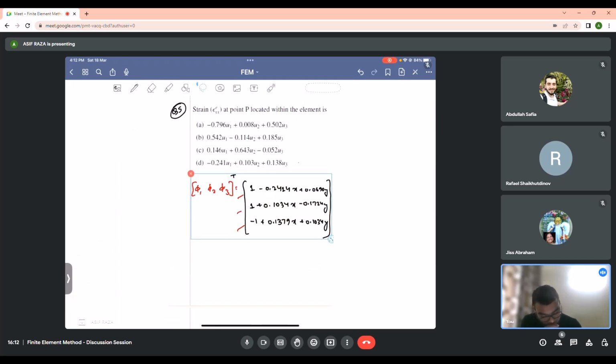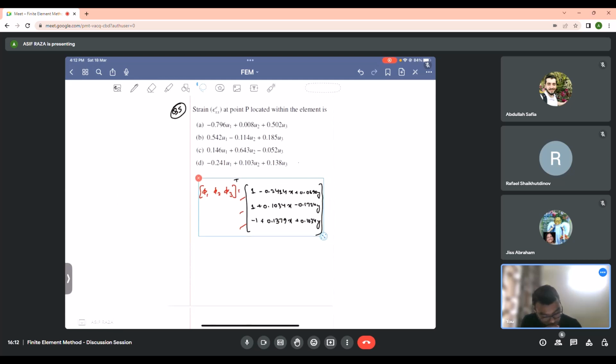Okay, so we have phi I here like this. Now derivatives of phi I, that implies del phi 1 by del x, del phi 2 by del x, and del phi 3 by del x. What will this be equal to?